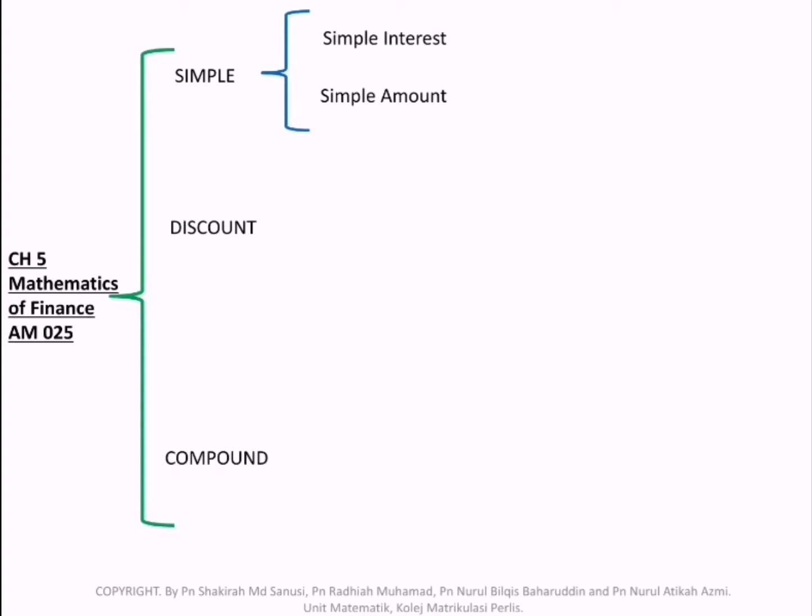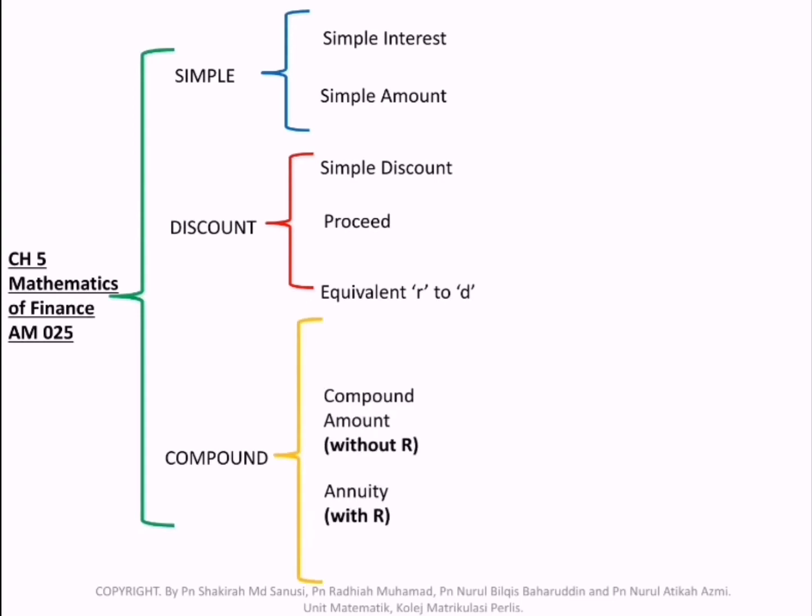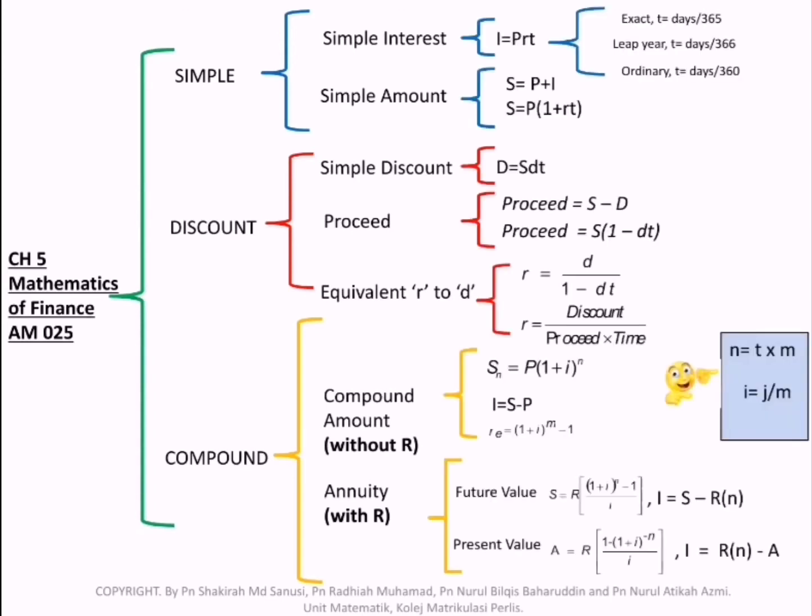In discount, we are going to learn about simple discount, proceed, equivalent R to D. In compound, we will have compound amount without R and annuity with R. These are the formulas for each category.